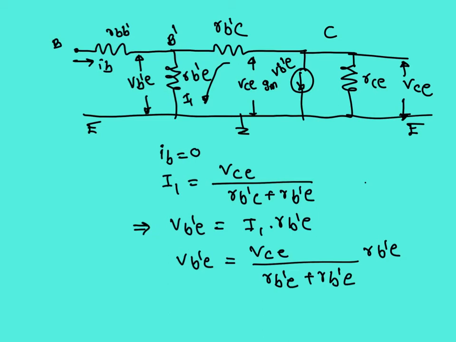So this is the expression for Vb'e. Here IB is equal to 0 means the input is open circuited, so no IB current flows into b'. We have considered a current I1 which flows from the collector to the emitter.